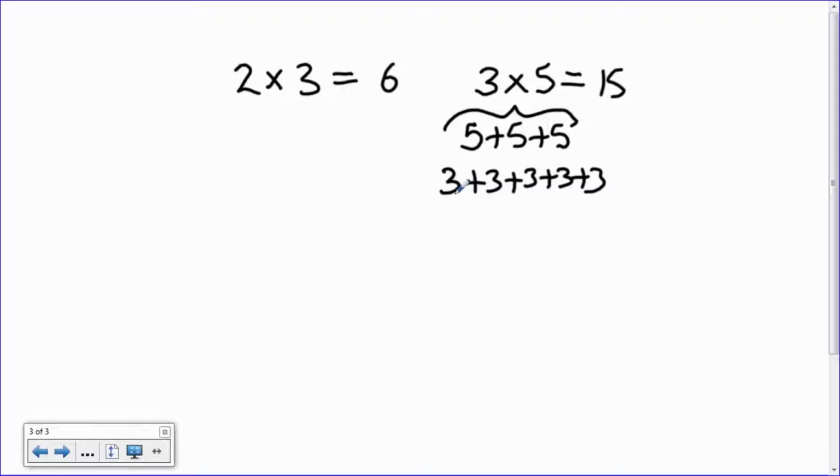Now, these are things that are easy for the kids to remember. And it might be that 4 times 6 might be an easy one to remember. This means 4 groups, each of size 6, or 6 plus 6 plus 6 plus 6, and they might remember that's 24.